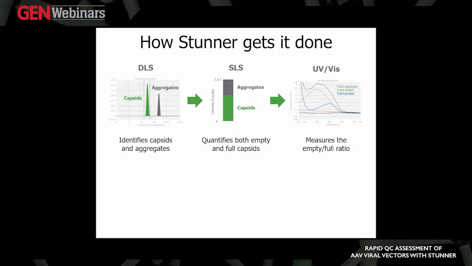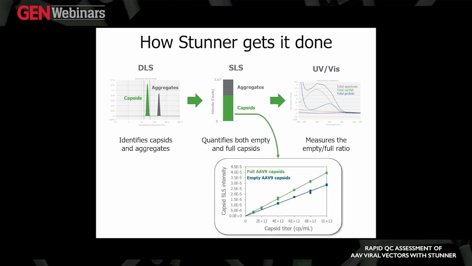So this is analogous to taking a total brightness and splitting it into how much of that brightness level from light scattering is coming just from capsids. And finally, UV-Vis brings in info about empty-full ratio, plus protein and DNA totals to provide the last piece of the puzzle. These data combine in a few steps to get to an accurate capsid titer answer.